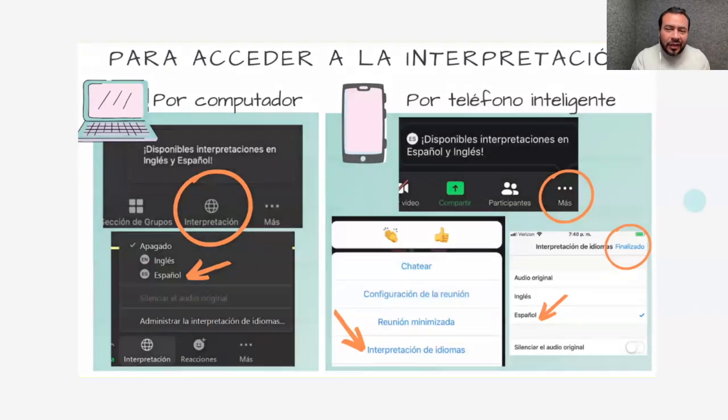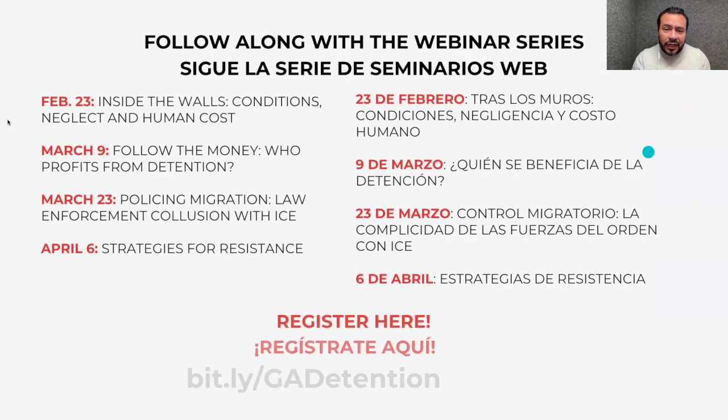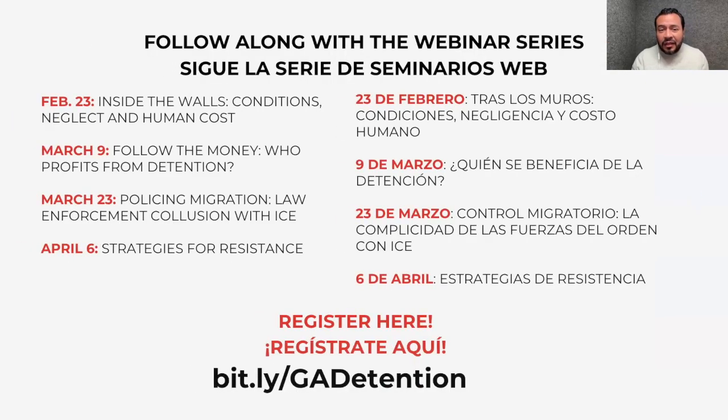Again, it's really an honor to be part of this conversation today. As I mentioned, this is a series that many of our partners here are organizing. Today we're discussing Disappear, Deny, Due Process.